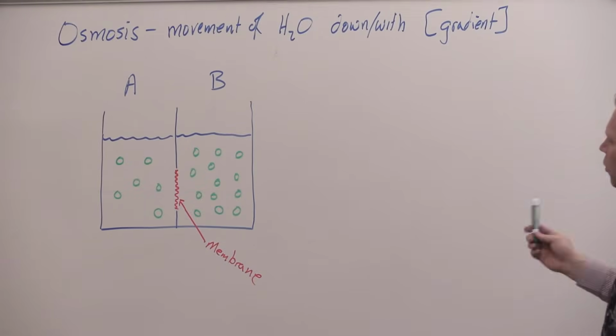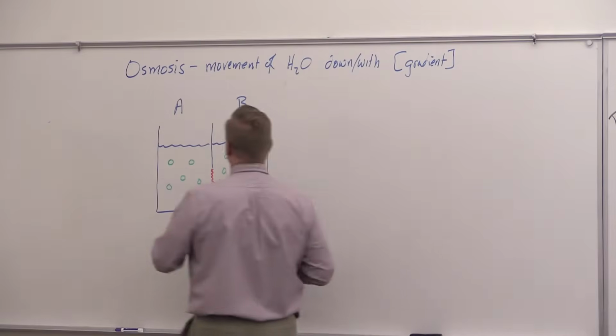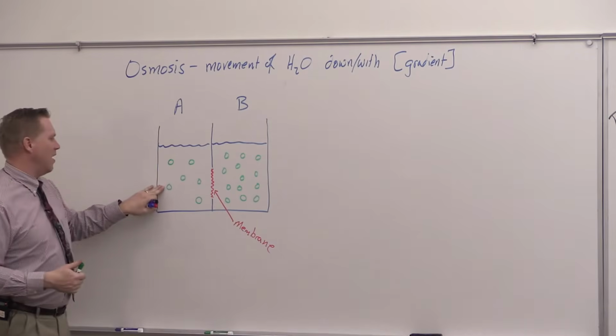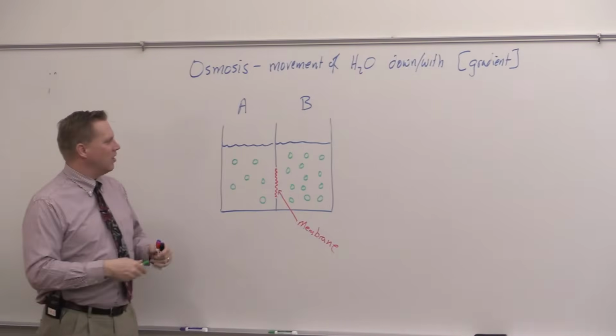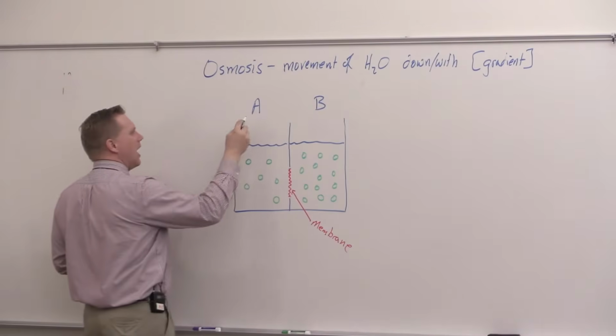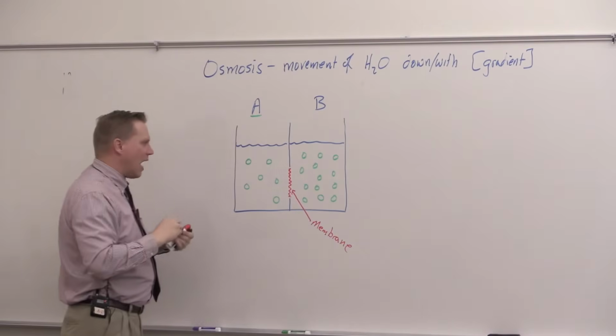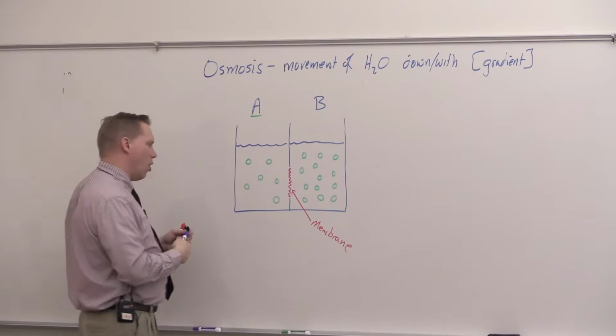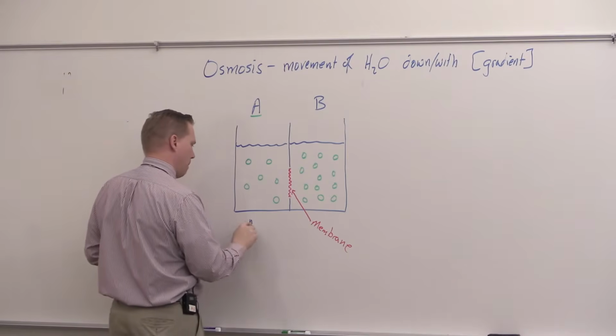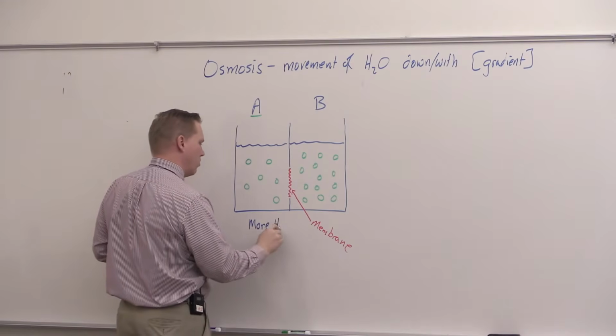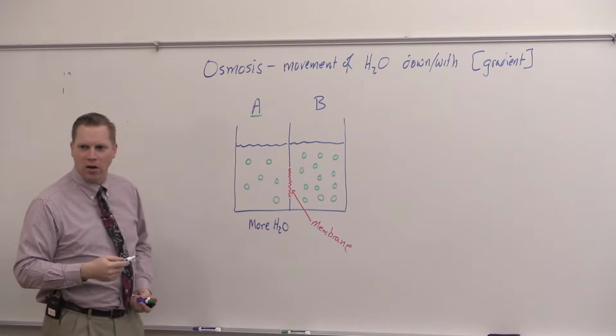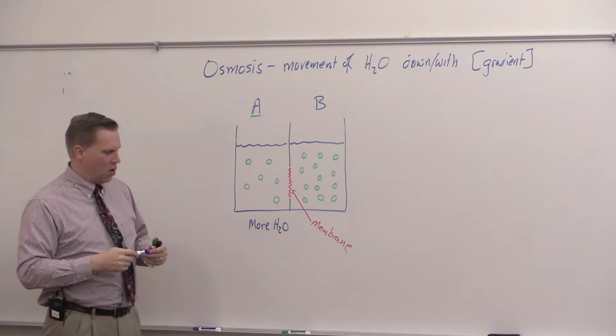Now, as you start to look at that, hopefully you arrive at the same conclusion that I do, and you would say that chamber A actually has more water. So this one has a higher concentration of water. Why?